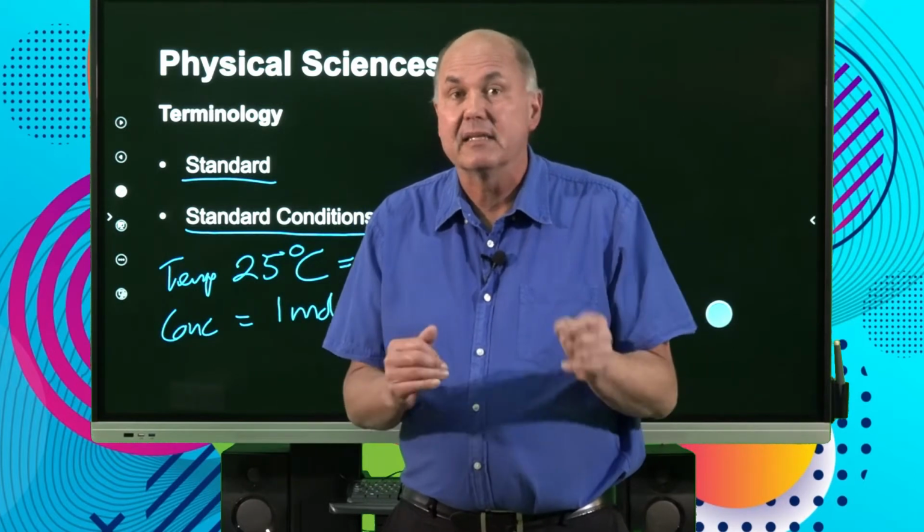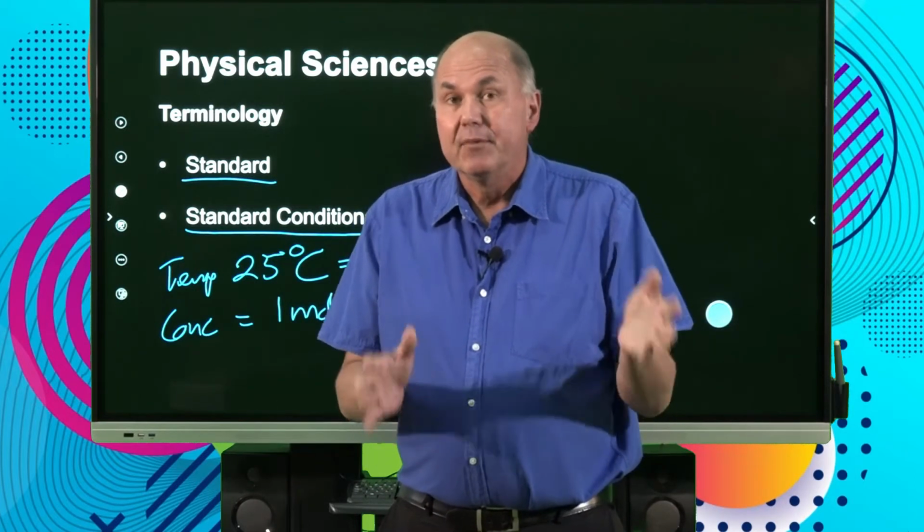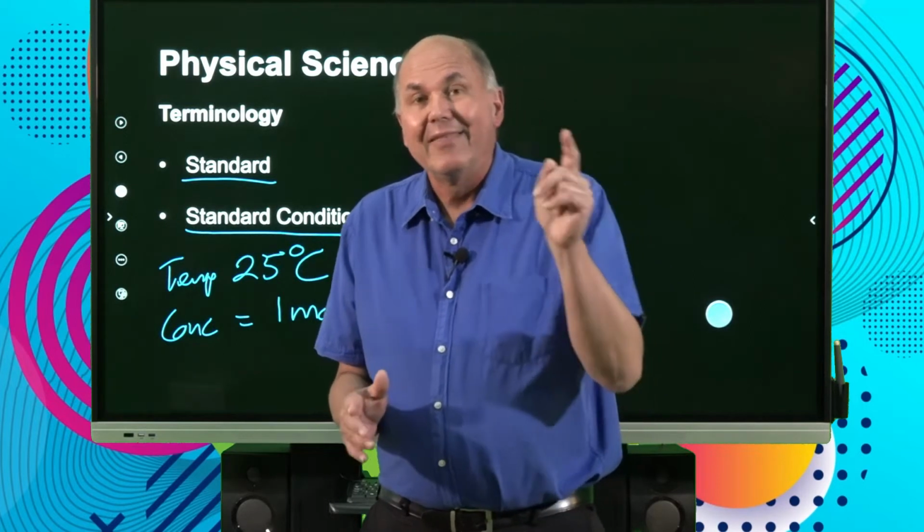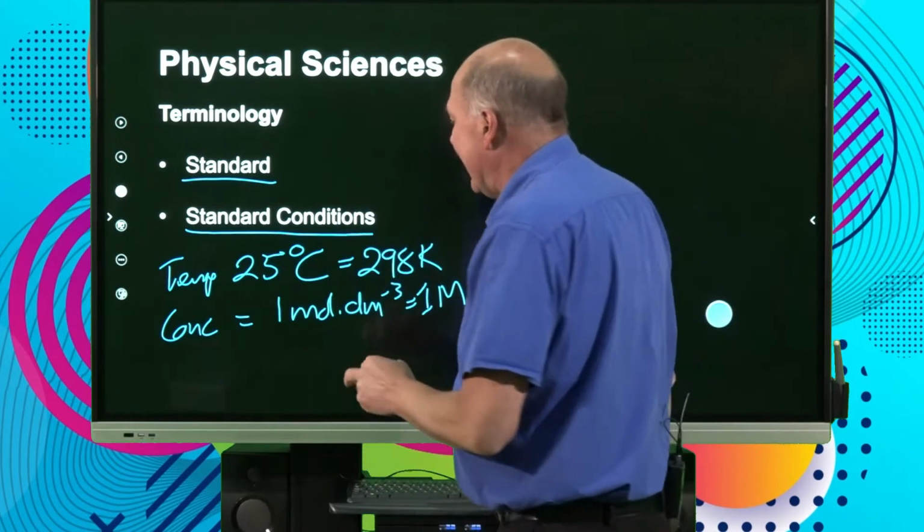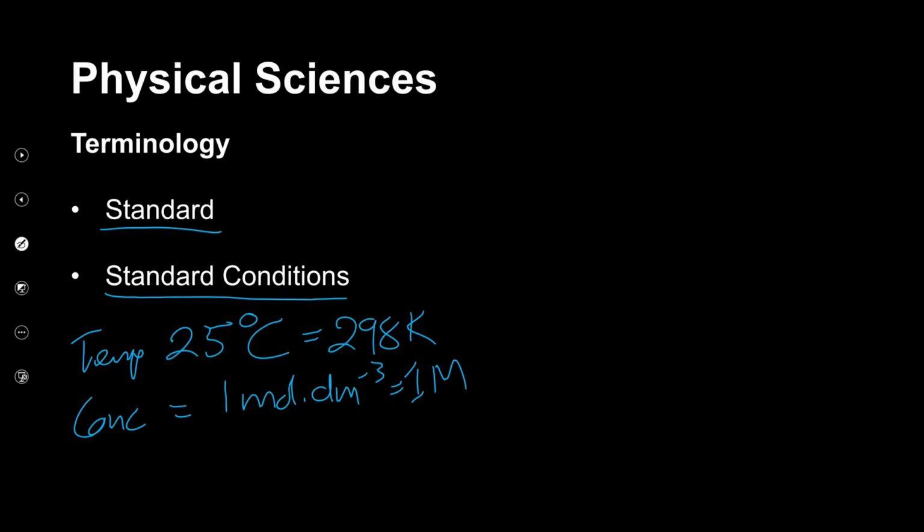In some cases, it can be a carbon electrode, but usually a platinum electrode. The pressure for that gas has to be standardized. So only for gas electrodes, the pressure is going to be 1 atmosphere, which is equivalent to 101.3 kilopascals.